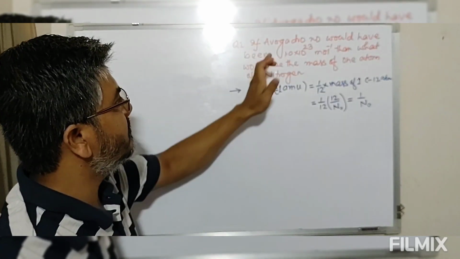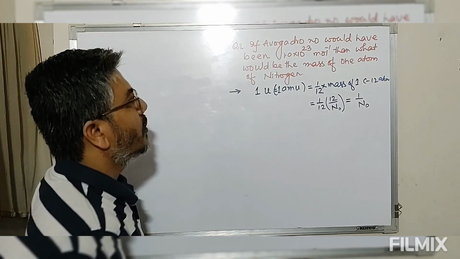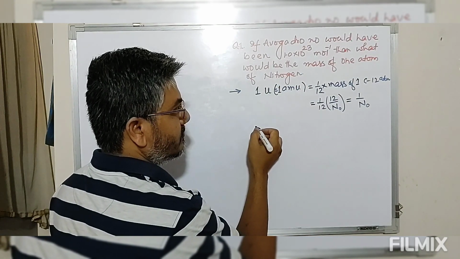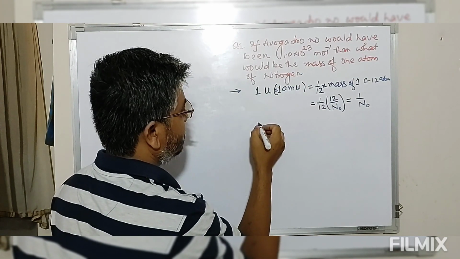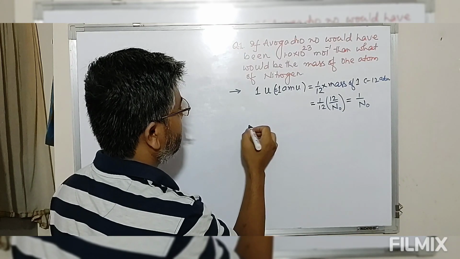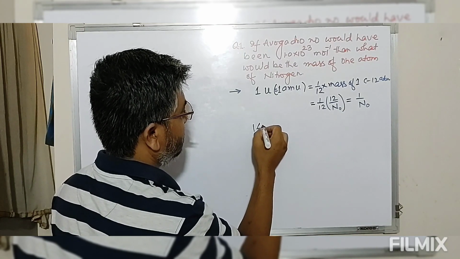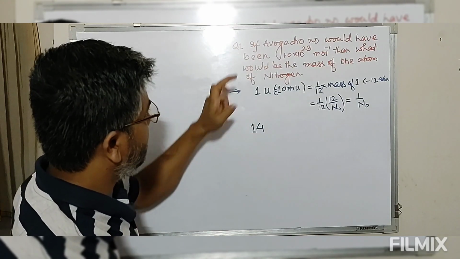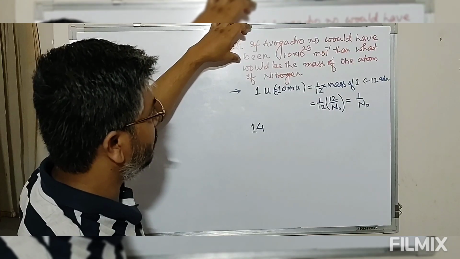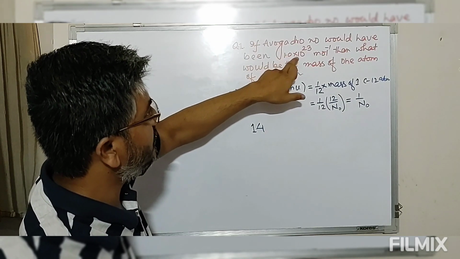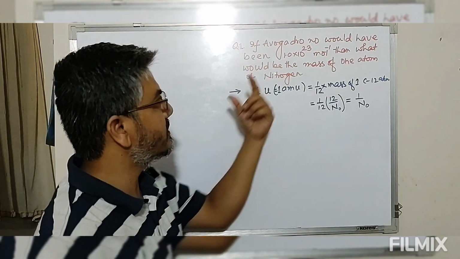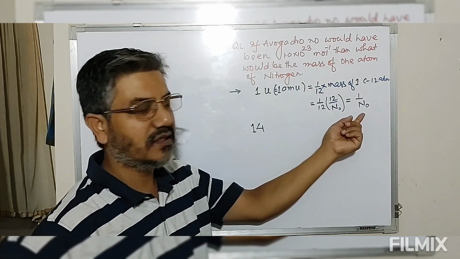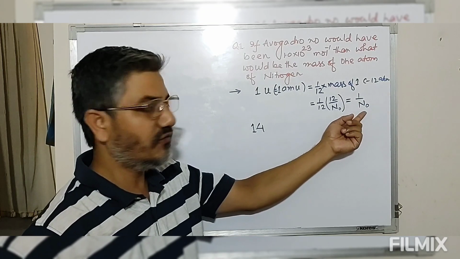Now look at this, we have changed it. So mass of one atom of nitrogen is 14 u. Now this Avogadro number we are changing from 6.02 into 10 to the power 23 to 1 into 10 to the power 23. Whatever we change this value, one unified mass is always defined as 1 by Avogadro number.